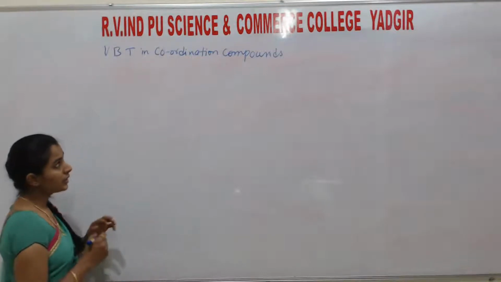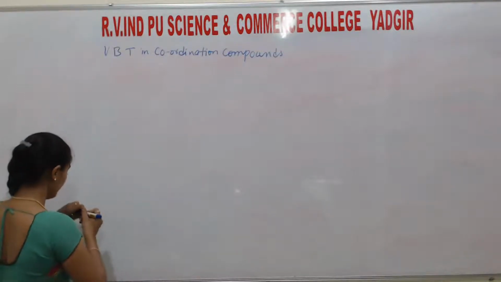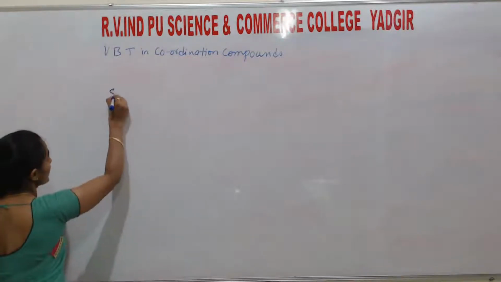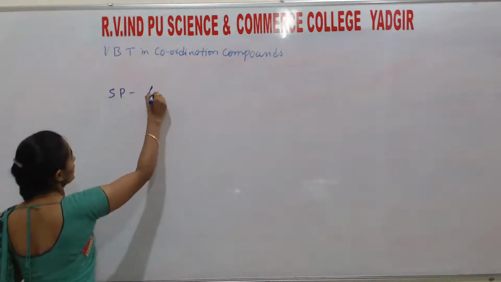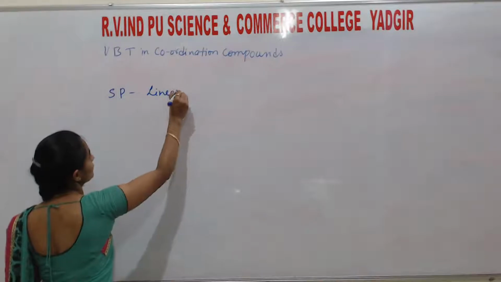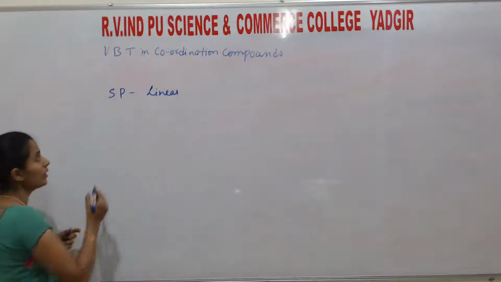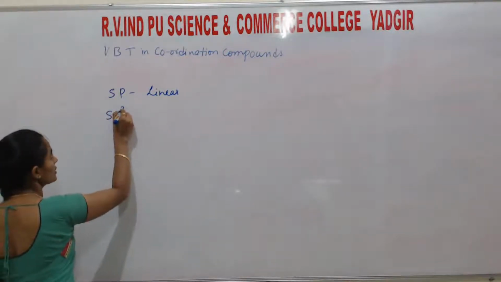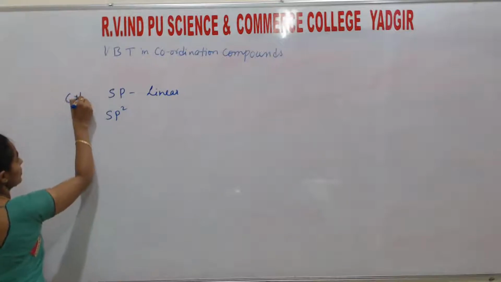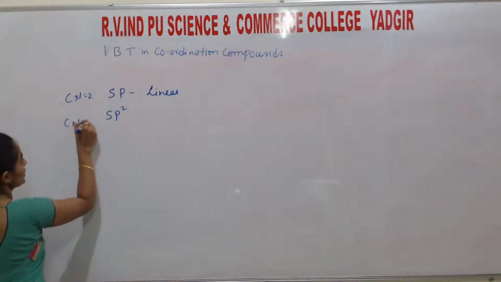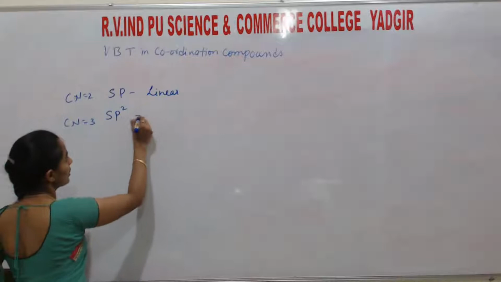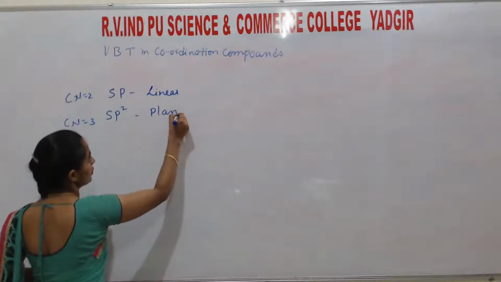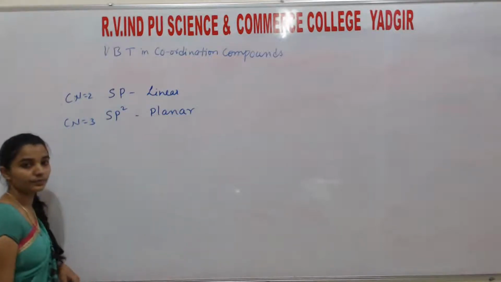Understood? So in that, one thing I will explain. If sp hybridization is there, then it is linear in structure. This is coordination number 2. Sp2 hybridization, coordination number 3, means trigonal planar structure.